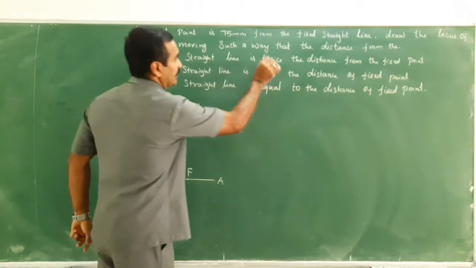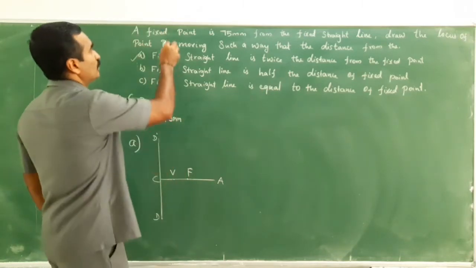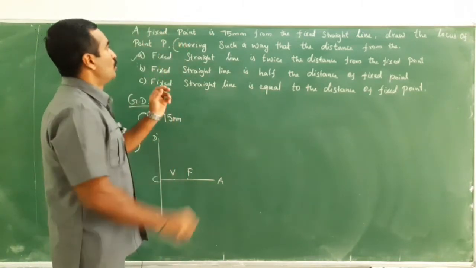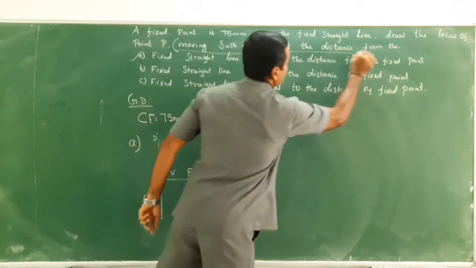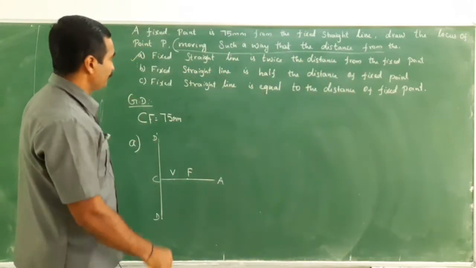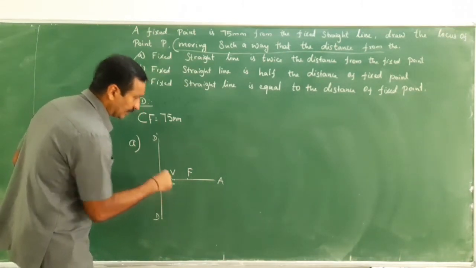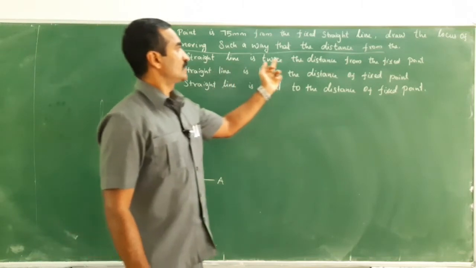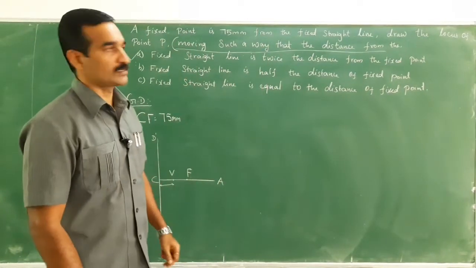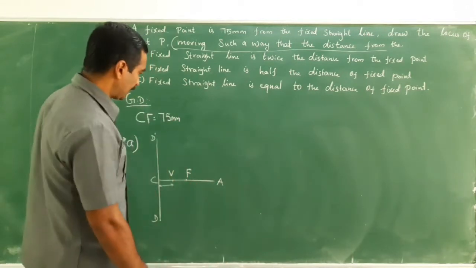Indirectly, it has been given here. The distance from the fixed straight line is twice the distance from the fixed point. That means the moving point is moving in such a way that the distance from the moving point to the fixed straight line is twice the distance from the fixed point. Right?